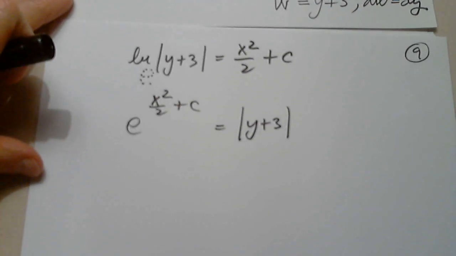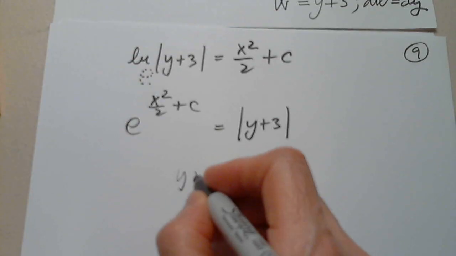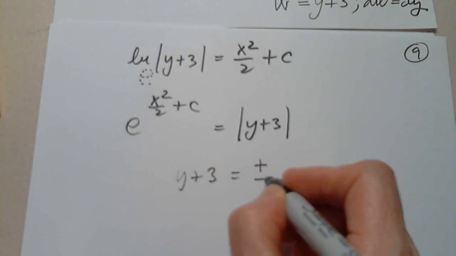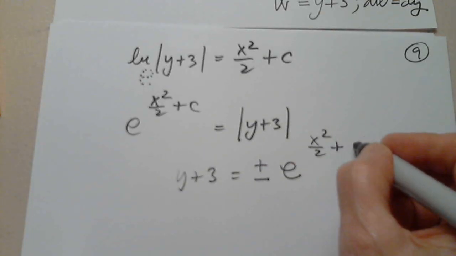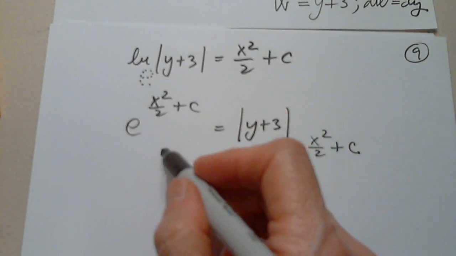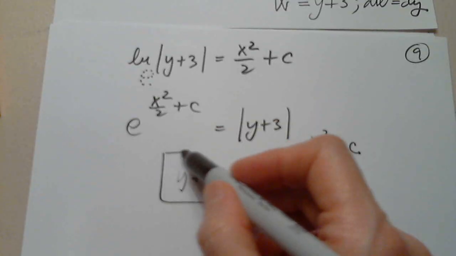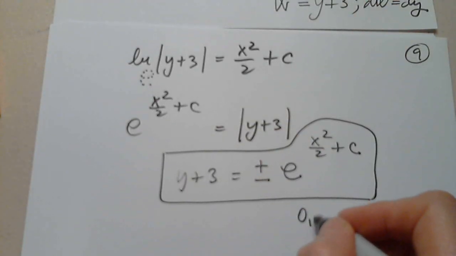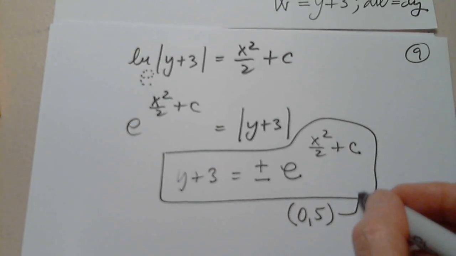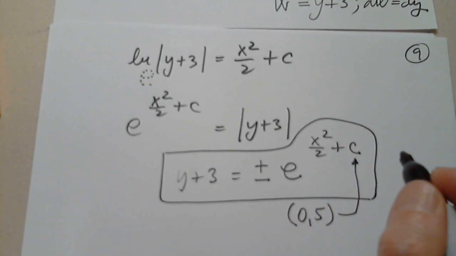So now, like before, I should write y plus 3 equals plus or minus e to the x squared over 2 plus a constant c. Now, here's what we're going to do next. We're going to plug in the point 0, 5. That will help us determine the constant.